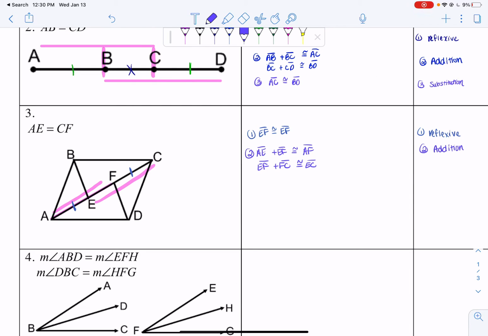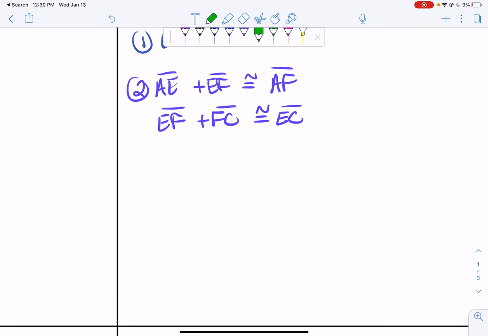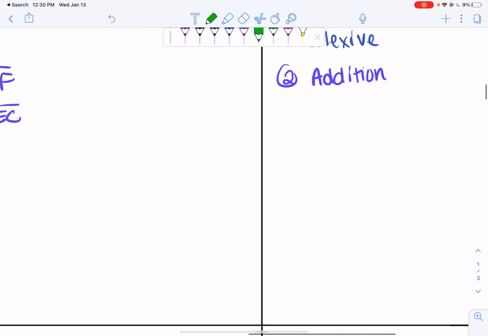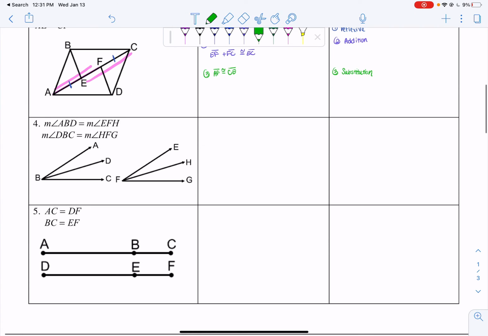So I can say AF is congruent to CE by substitution. Let's go on to number 4.